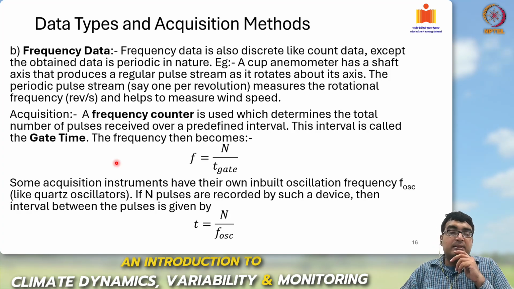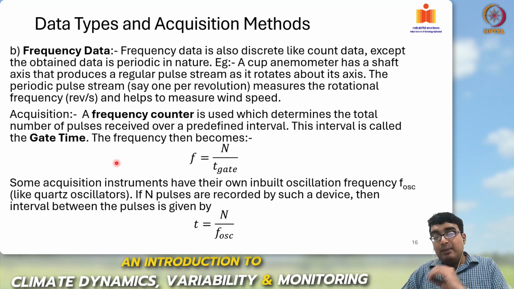If n pulses are recorded in such a device, then the interval between the pulses is n by F oscillation. The frequency is known and n pulses have been obtained over a certain time with this frequency. Then the time interval between the pulses is n by the F oscillation.